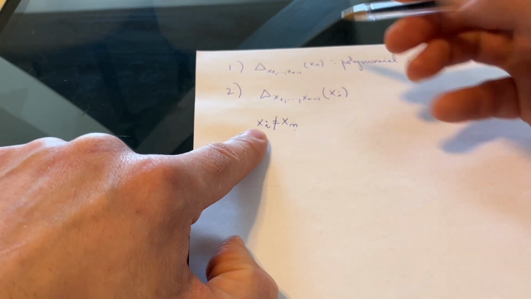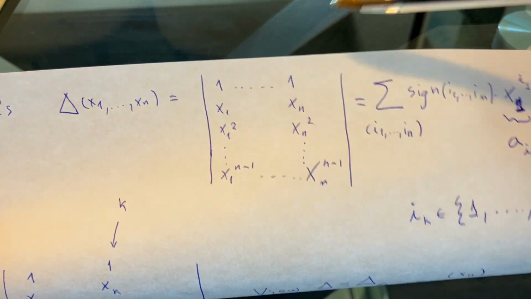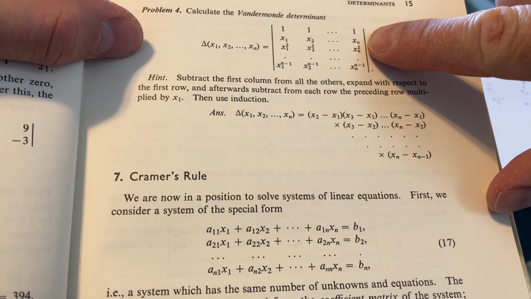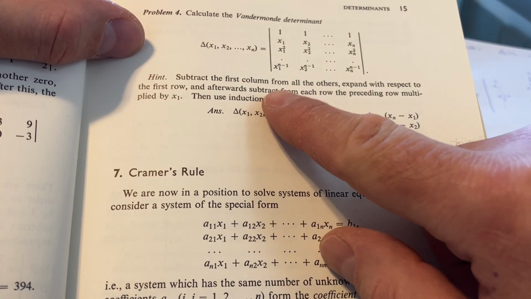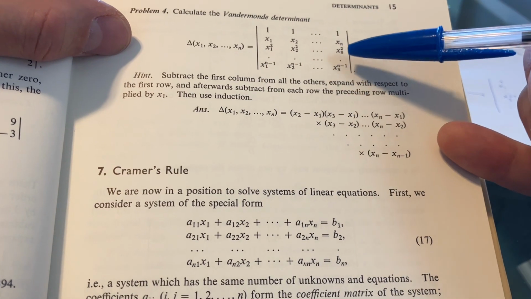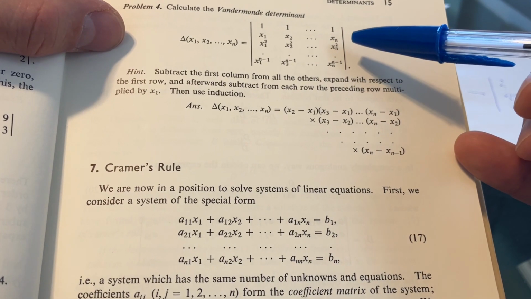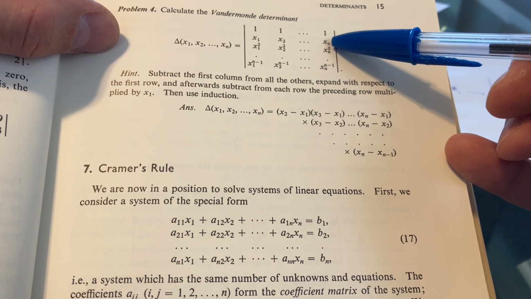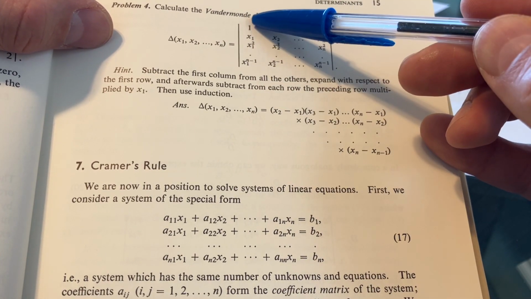So the question is, what is delta of xi? Right. So we come back to the definition. We see that when we replace xn by any of the other coordinates, x1 to xn minus 1, you find exactly one repeated column. So for example, if you replace xn by x1, then this column will be equal to the first column.